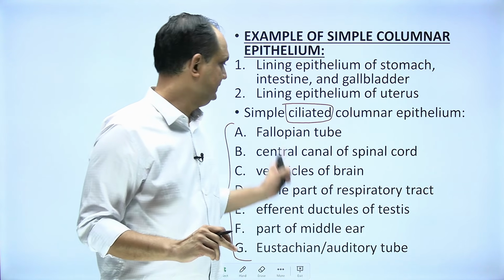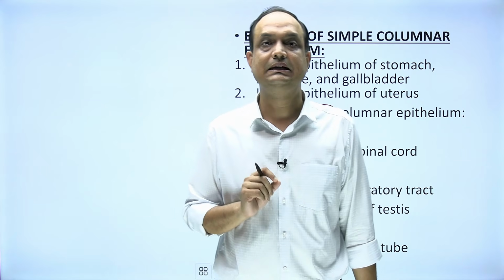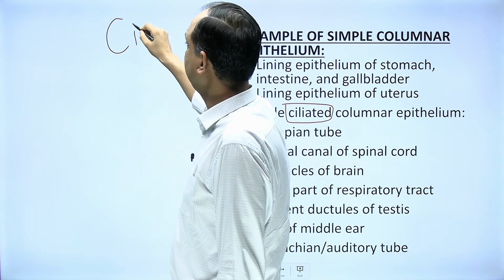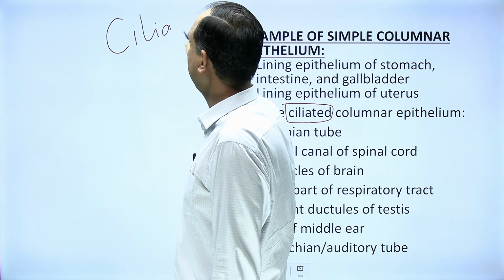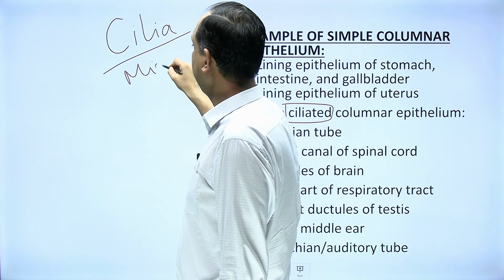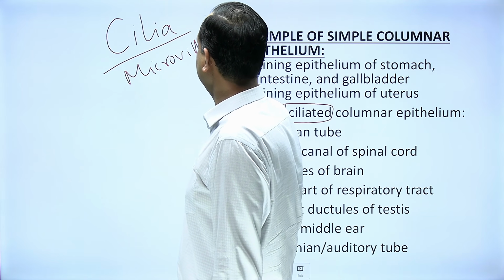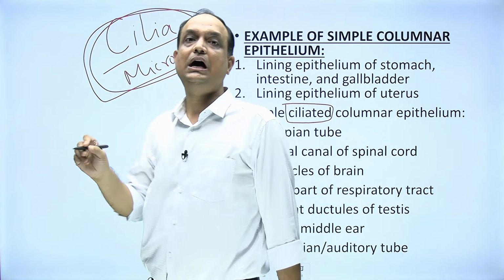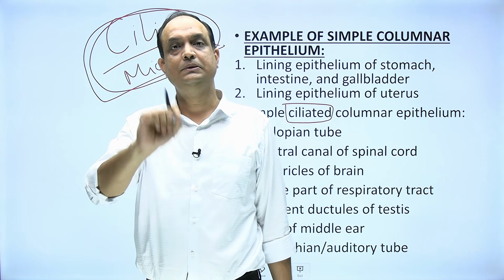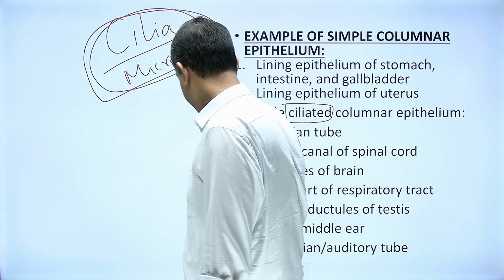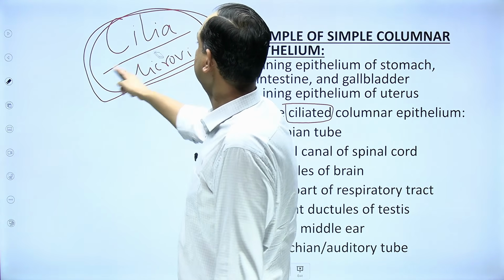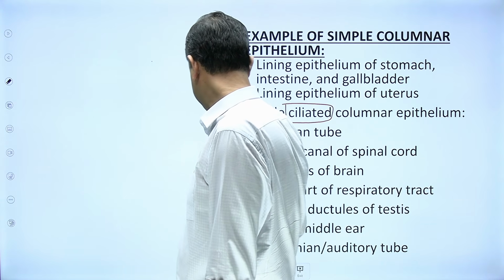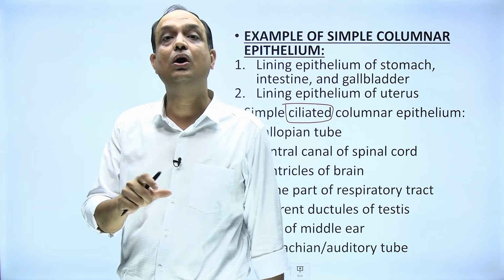Now, my dear students, here I will add one more basic concept that whenever you are talking about any surface modification like cilia, like microvilli, you have to keep this thing in mind that these all modifications are always a feature of simple epithelium. If you are saying that there is an epithelium which is stratified with cilia, it is a wrong answer.